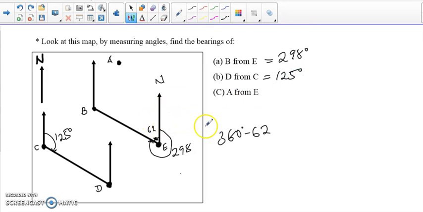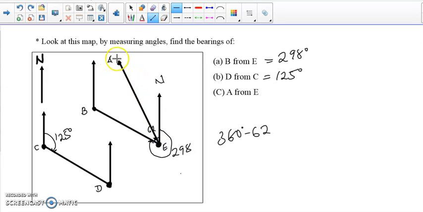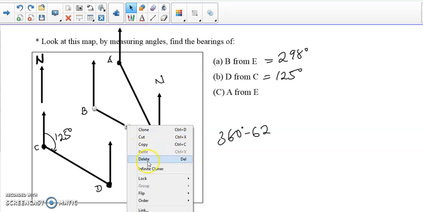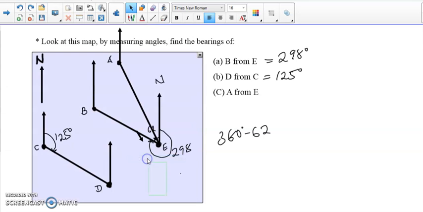Now the last one says the bearing of A from E. In that case also, I will make a straight line from A to E. Don't forget to put your north pole. I've already put my north pole here. So the bearing of A from E means that I'm going to, sorry, let me remove this line first so that we know what we are doing.